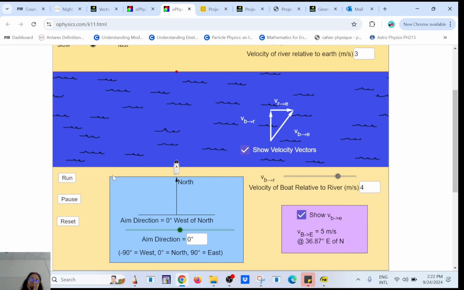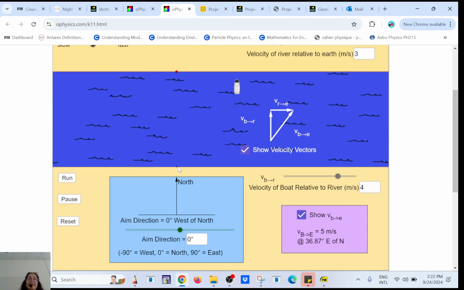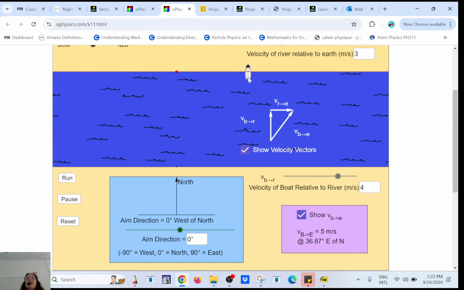So let me show you. Ready? That's what's going to happen, and you're going to end up here. Does it make sense? Everything happens relative to the ground. The vector has two components: one component that will be the y component, and then the x component, and that will be the final velocity.